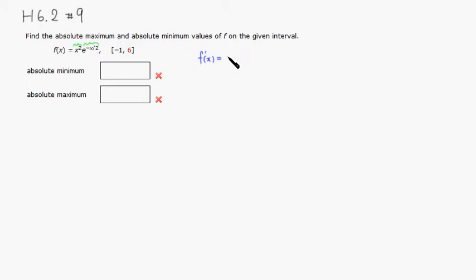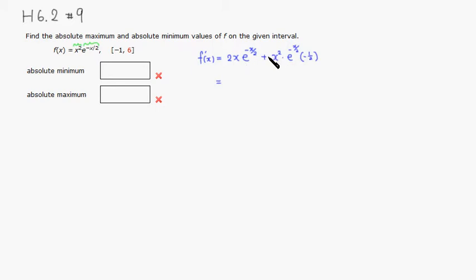So product rule: derivative of the first is 2x times the second, e to the negative x over 2, plus x squared times the derivative of that, which is e to the negative x over 2 times the derivative inside, negative 1/2.